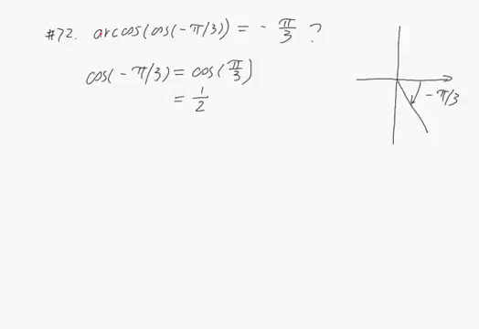Okay. So now we get the 1/2. Then let's go back to this original problem. We have the arc cosine of 1/2, right? The original is equal to this. Then what is the arc cosine of 1/2?